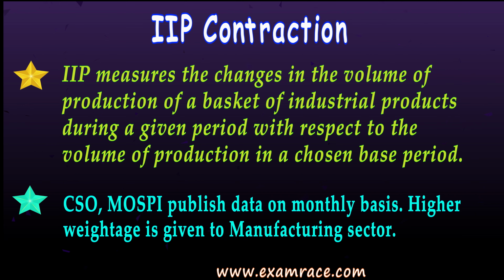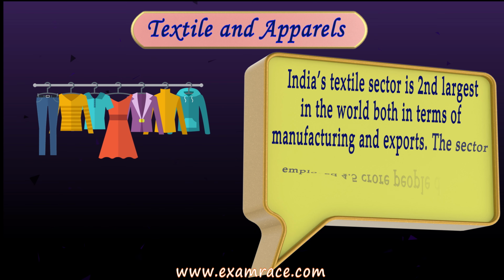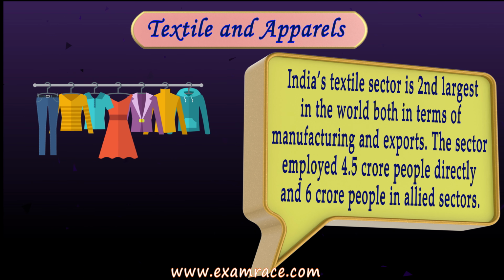The second thing that is crucial in the IIP is that higher weightage is given to the manufacturing sector, followed by mining. The second factor is the textile and apparel sector. As we know, the textile sector is one of the largest employment sectors because it employs close to 4.5 crore people directly and 6 crore people in the allied industry.